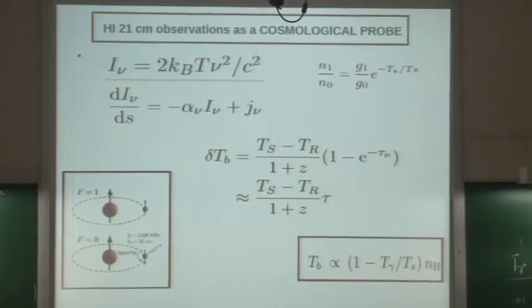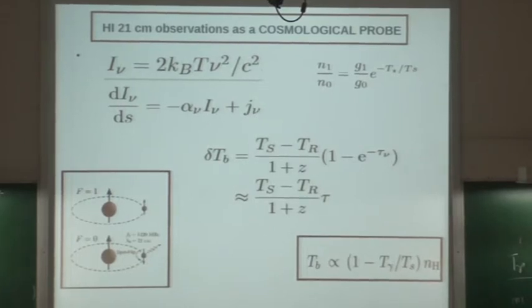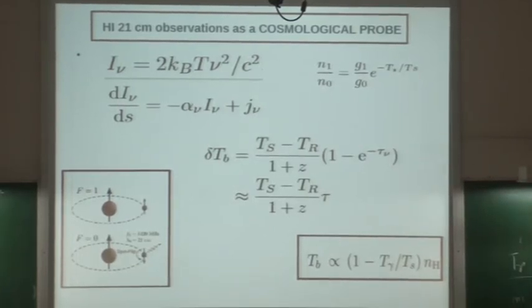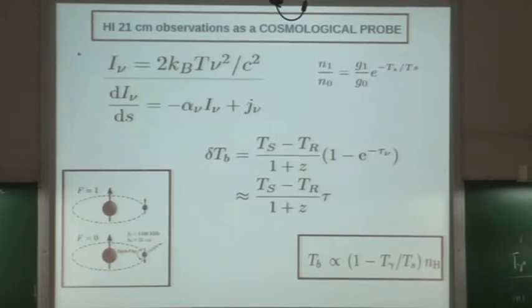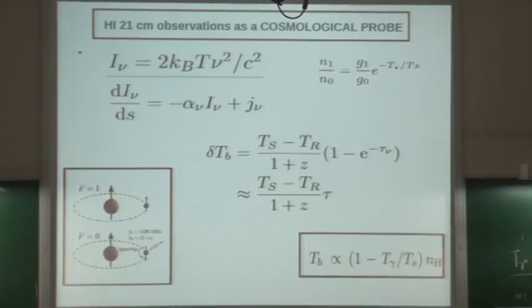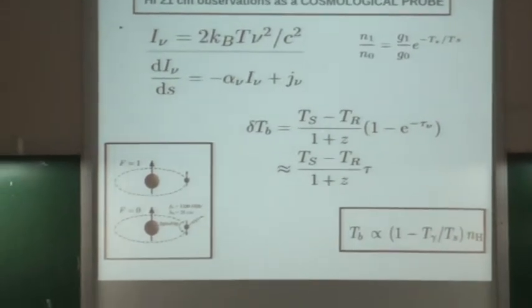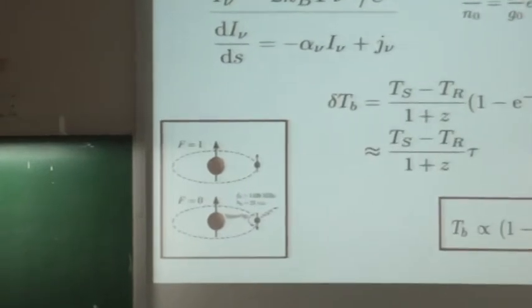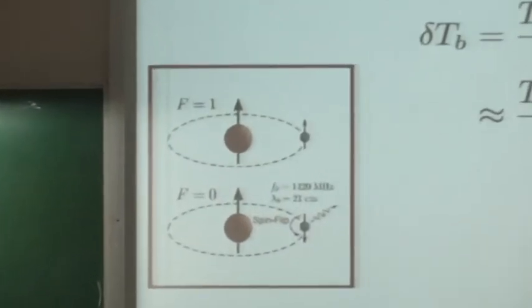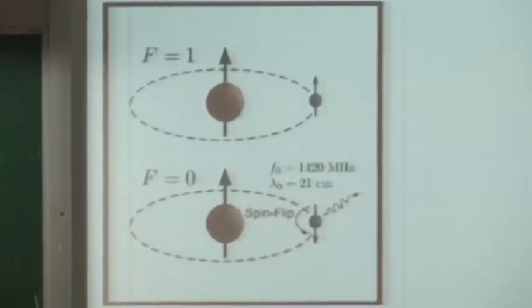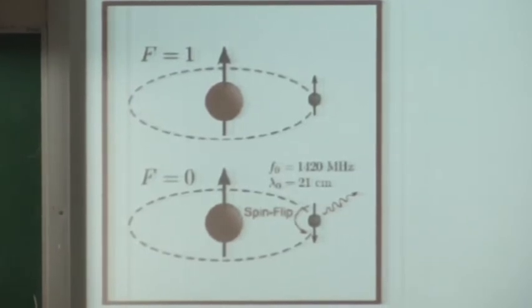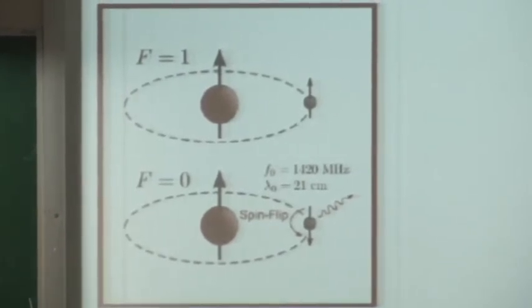So 1420 megahertz is my rest frequency, and 1 plus z is a factor by which it's reduced. So this is some mu observed. By looking at some observation frequency, I can basically look at different redshifts from which the gas is coming, from which the radiation is coming.